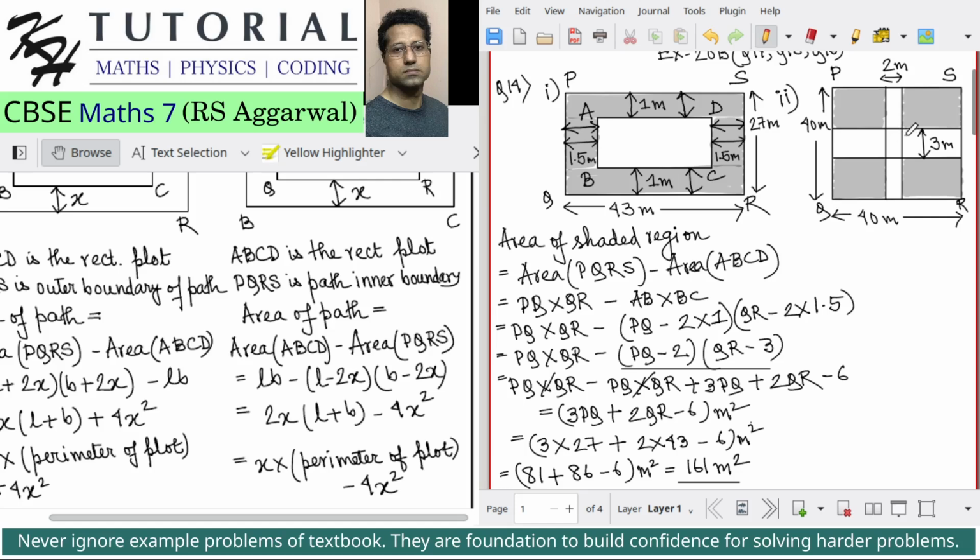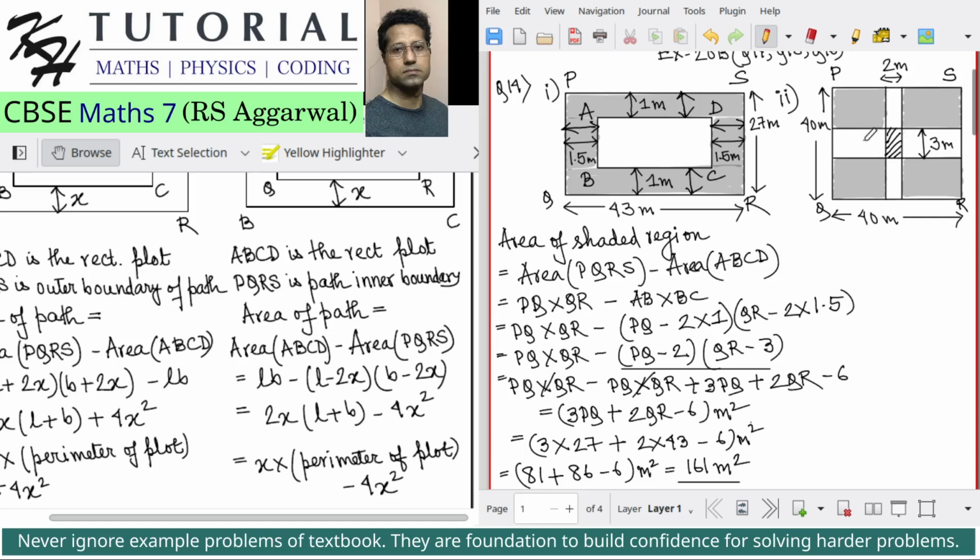Now the white regions, you can consider them as two roads running parallel to the length and breadth, but they have an overlapping region. This is the overlapping region. If you consider the white region to be two roads crossing at right angles and running parallel to the length and breadth of the square, then while computing their total area, we will have to subtract the overlapping region once.